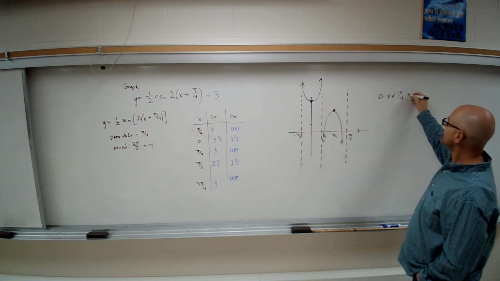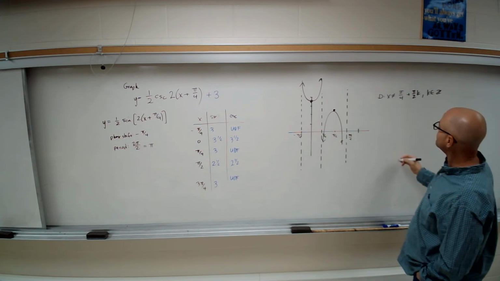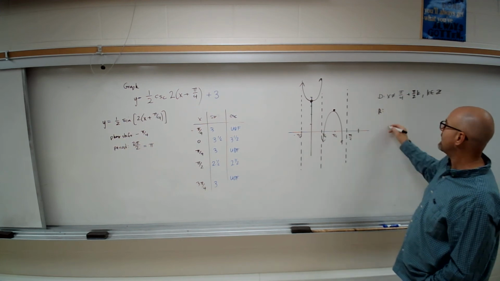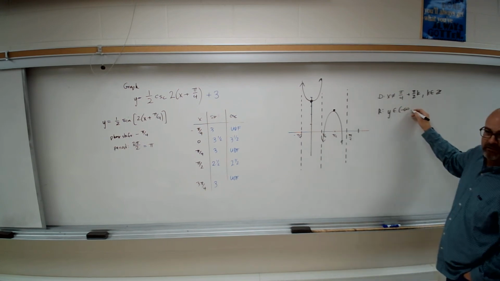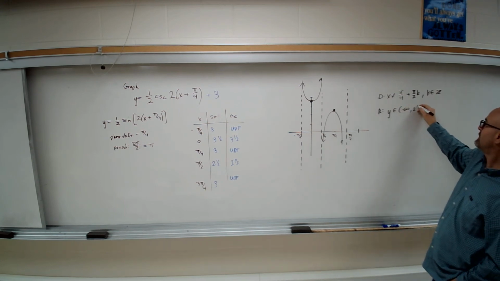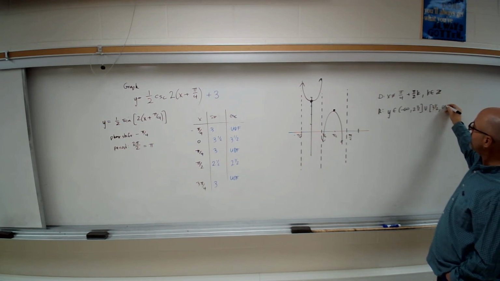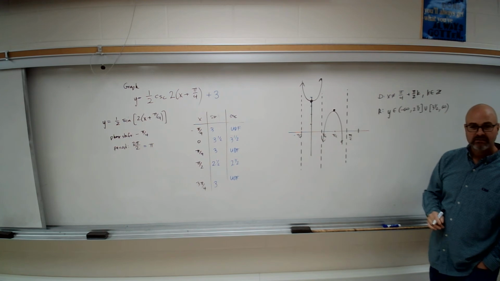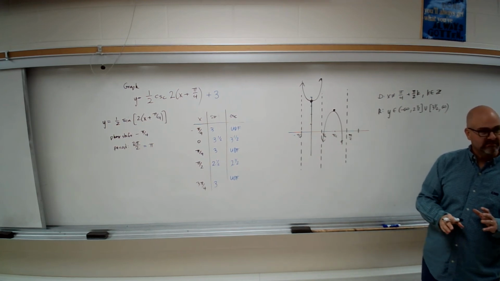So you'd say plus pi over 2 times k, where k is contained in the set of integers. The range here would be y is contained from negative infinity to 2.5, union 3.5 to infinity. So just, are we doing okay with how these are graphed?